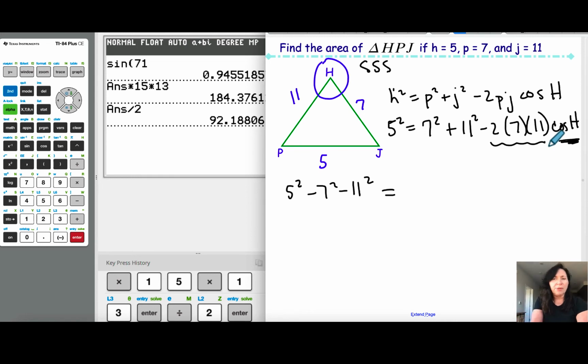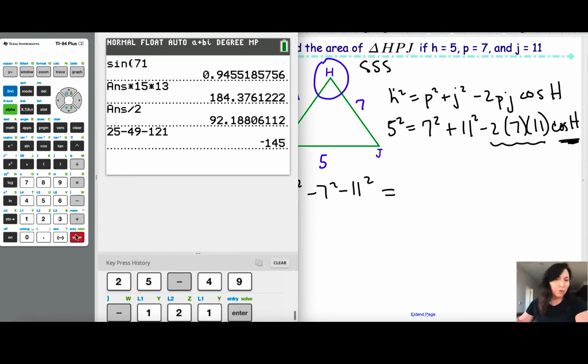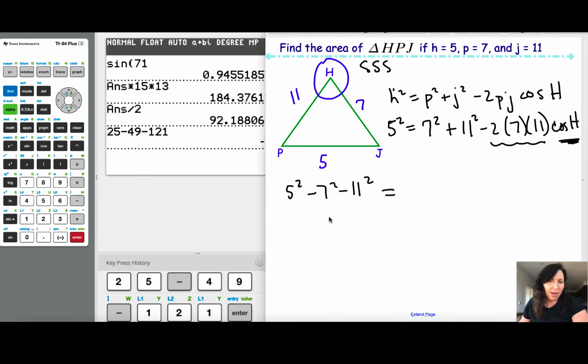And so I'm going to be dividing by that value once I have this left side. So on the left, I'm going to go 25, subtract 7 squared, which is 49, subtract 11 squared, which is 121, and that equals negative 145. So on the left-hand side, I have negative 145, and that equals this value here.